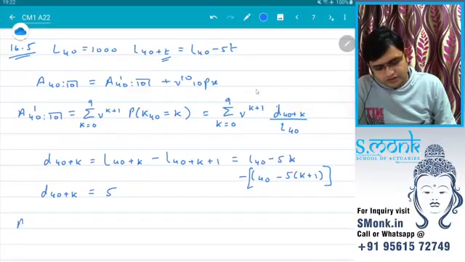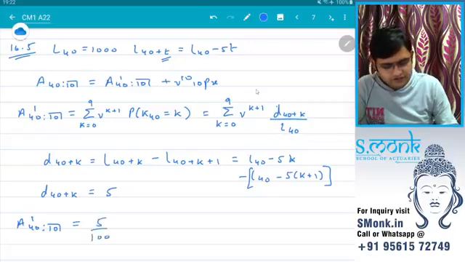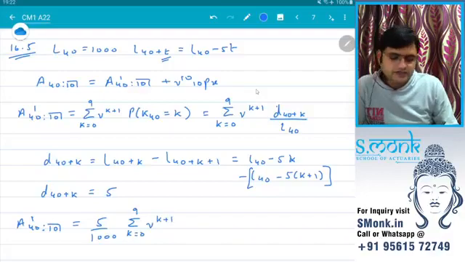So our A 40 dash 10 will be now, see, this is 5 constant, this L40 is already constant 1000. I can take them out, so I can say 5 by 1000 summation k going from 0 to 9 v raised to k plus 1, that is v plus v square plus v cube and so on till v raised to 10.